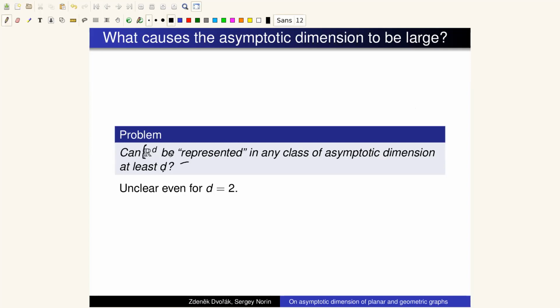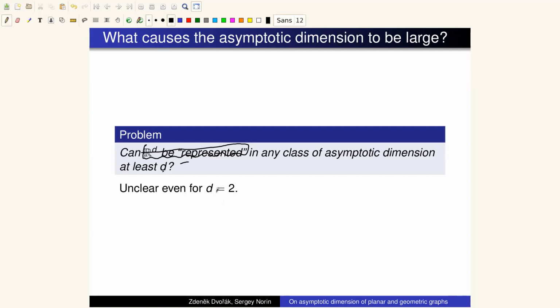I mean, some vague idea like this, but it doesn't seem to be as simple as this. We were not really able to say anything reasonable about this, even in the first non-trivial case of the dimension being 2.